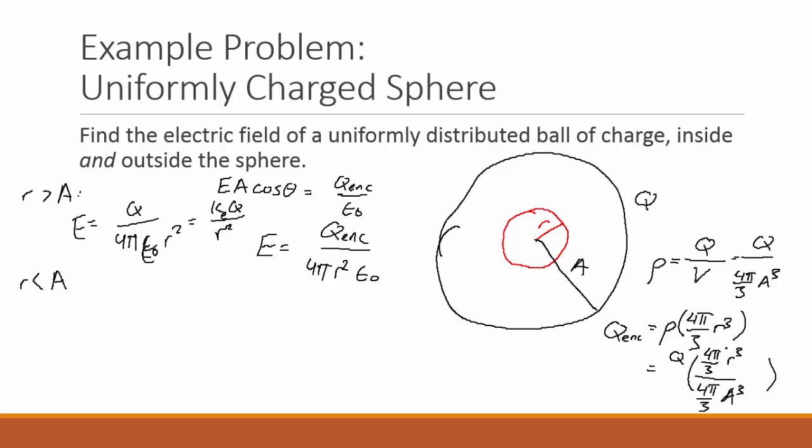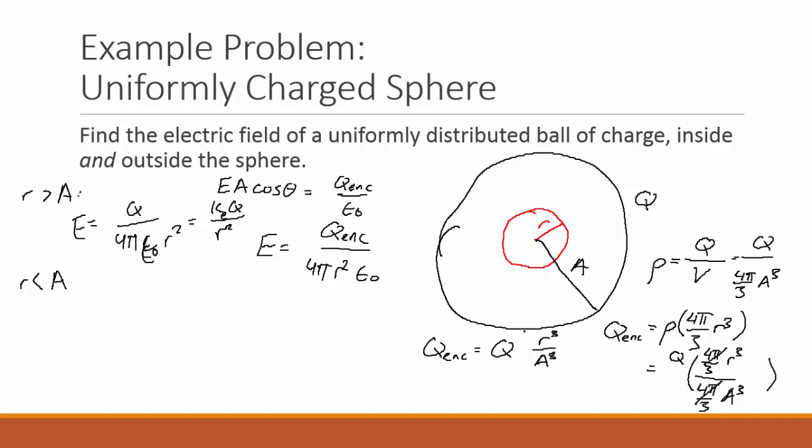And these factors of 4 pi over 3 cancel, leaving the enclosed charge equal to the total charge times r cubed over A cubed.